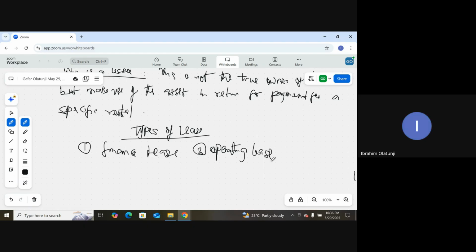We also need to look at the characteristics, the features, of this finance lease. Number one attribute is that the lessor does not retain the risk or reward of the ownership.